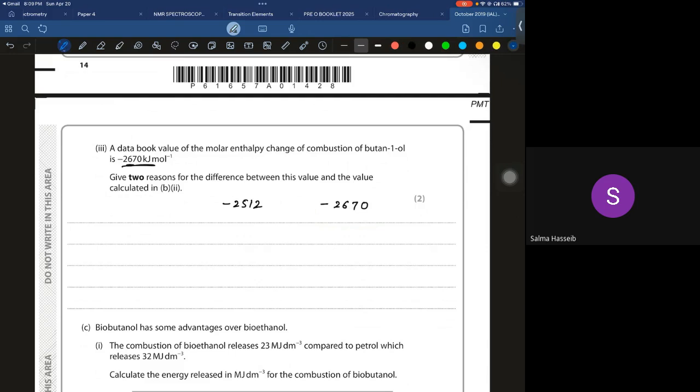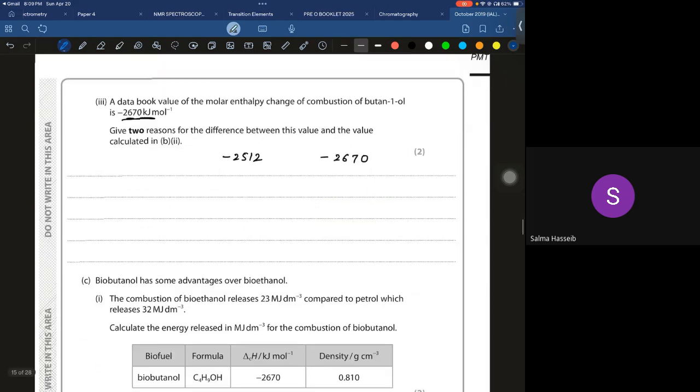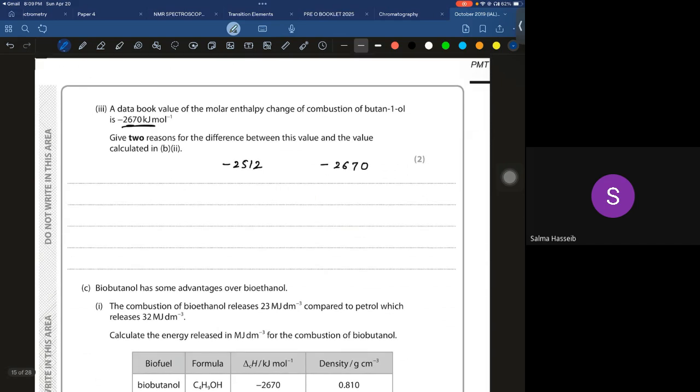So you can write down bond enthalpies for butan-1-ol.